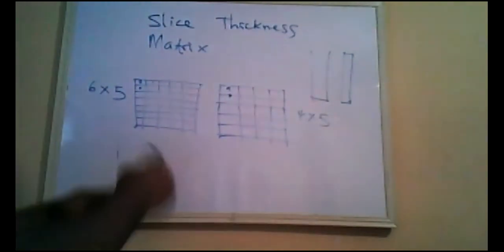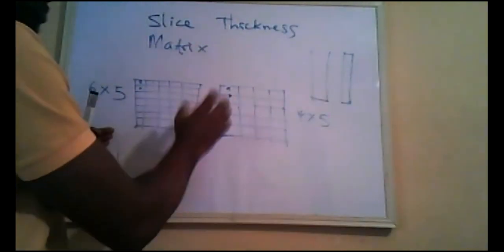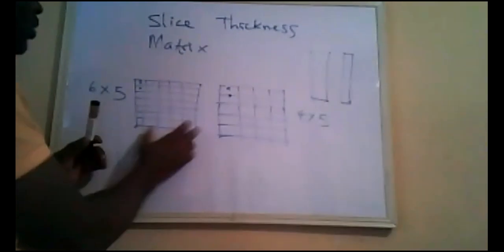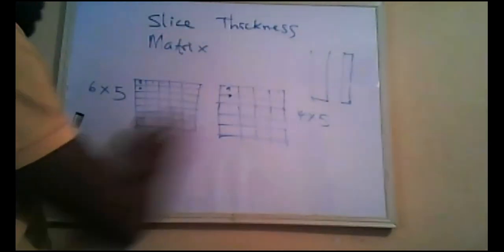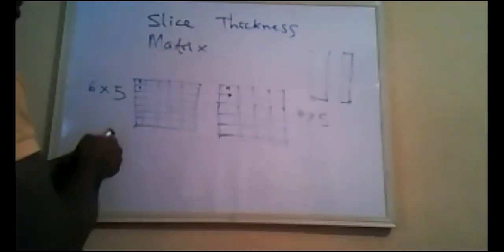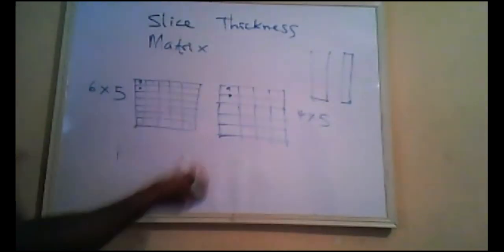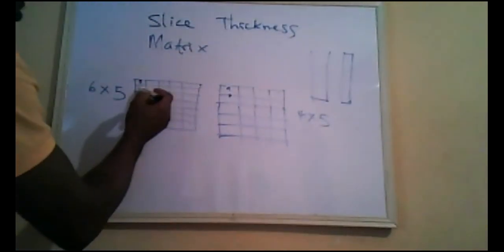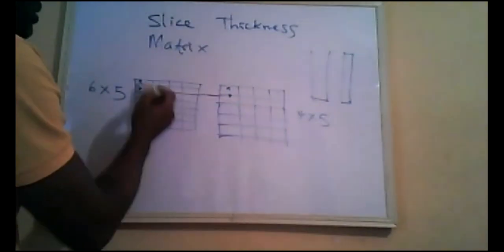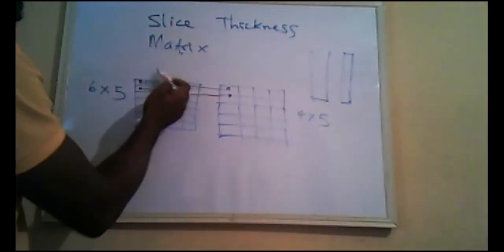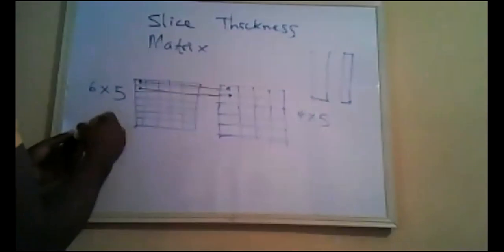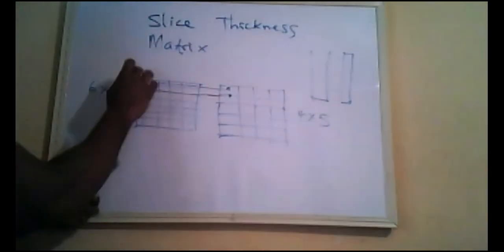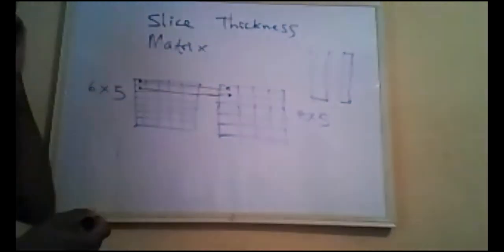Like I was explaining, the bigger the matrix size for the same FOV, the better the spatial resolution. If you have two structures which are the same, the one with the bigger matrix size is going to give better discrimination of position.